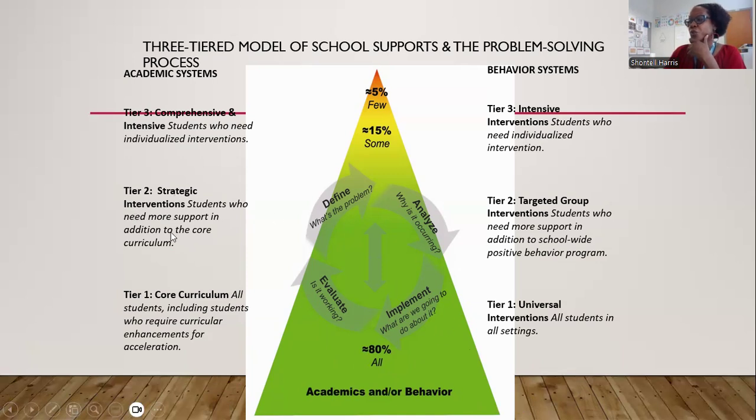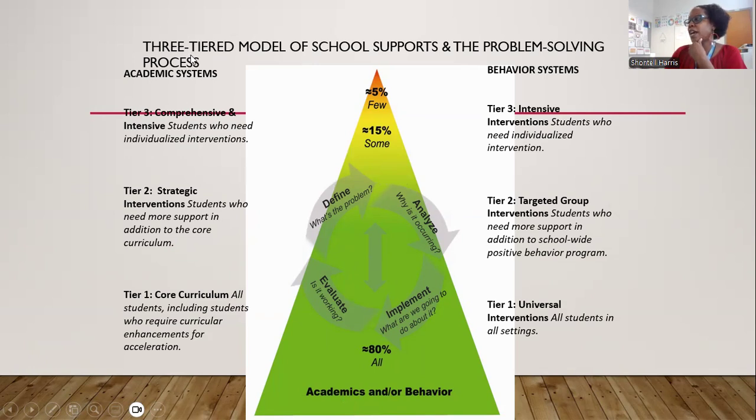And then tier 2 is more support added to it. So they need more support in addition to what they get in tier 1, large group, or those PBIS incentives. Tier 3 is even more intensive, where you need more individualized interventions.